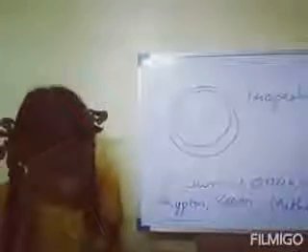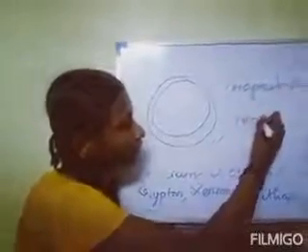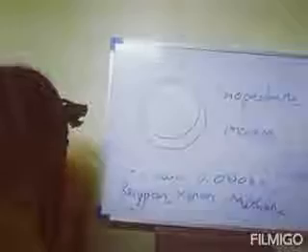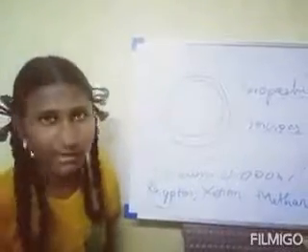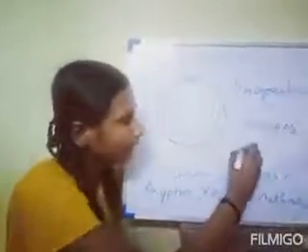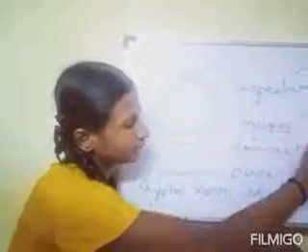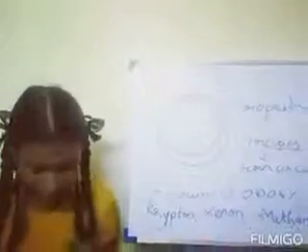The lowest layer of the atmosphere is the troposphere, a Greek word that means turn or change.